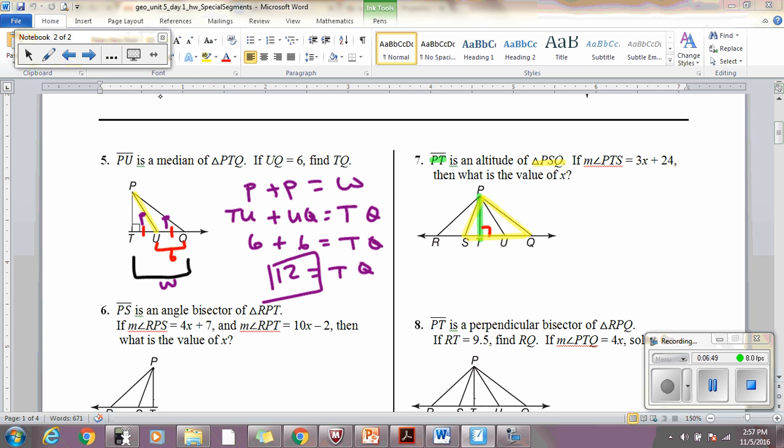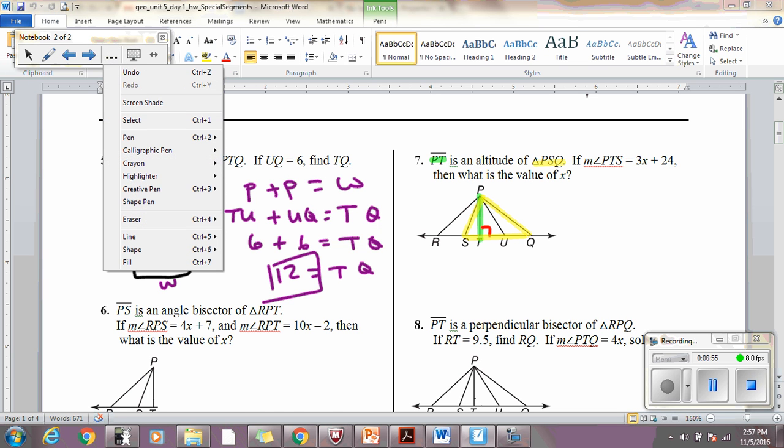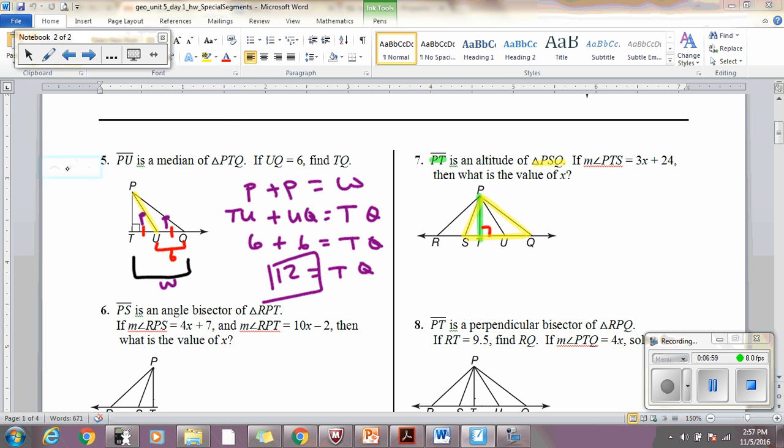Then it tells us that angle PTS, so let's trace that one. PTS, it's this angle in this corner. Is 3x plus 24.